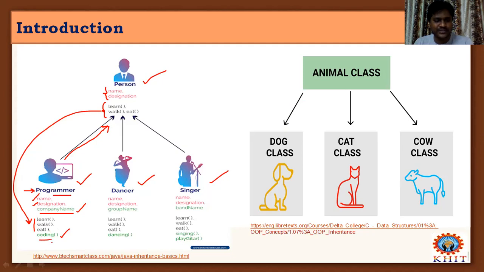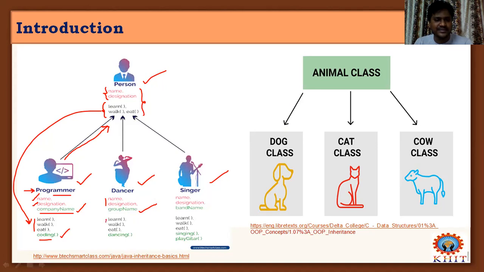Coding is one of the operations or methods of the programmer class that is added uniquely to this class by extending properties like name, designation, and so on. Coming to the dancer class, it is another subclass that extends the properties of the person class, has the same name and designation, and has some group name, mentioning the group this dancer belongs to.